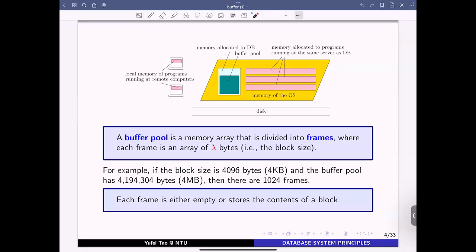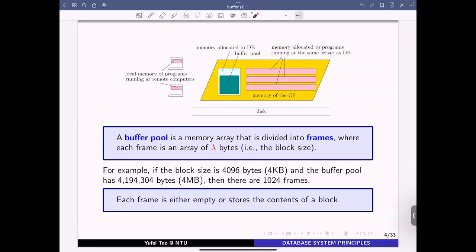I can tell you the database will allocate most of the assigned memory to serve as the buffer. Okay, so this is the cyan part. As you can see, it constitutes a majority of the allocated memory. So that tells you just how important buffering is to a database system.